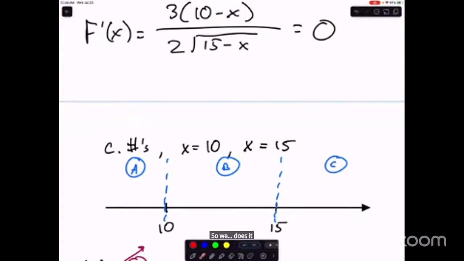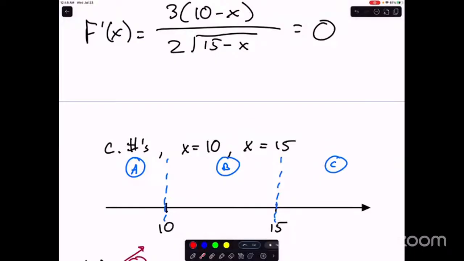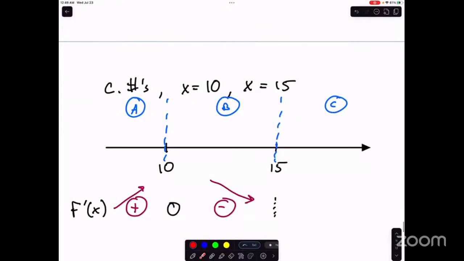What's happening over there to the right of 15? Is there something about the domain? Does it end? It looks like it might end.